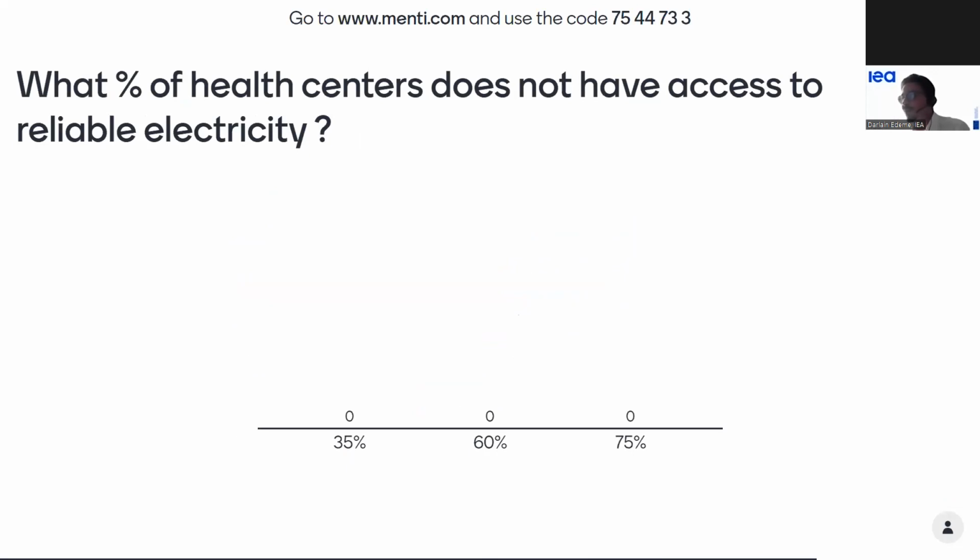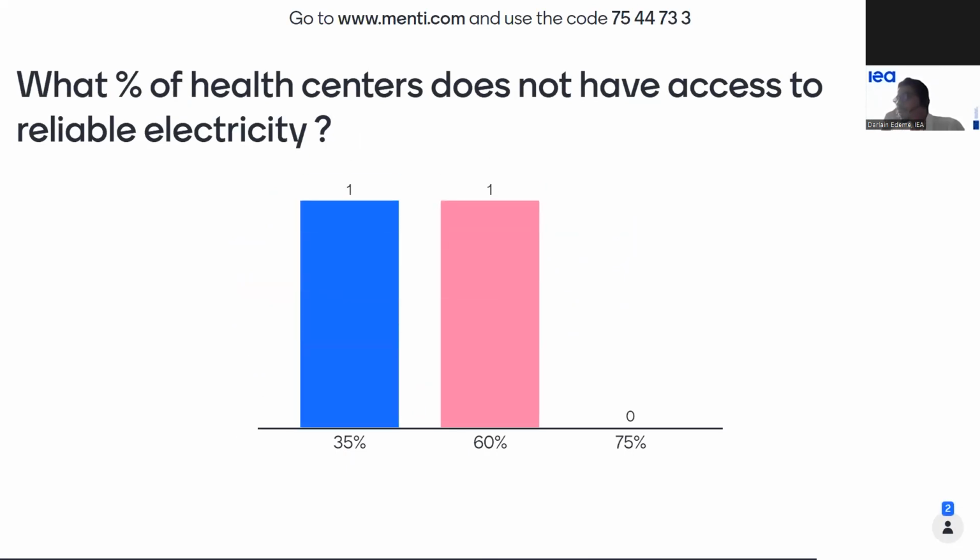So again, we are talking about just Sub-Saharan Africa. So which percentage of health centers are not connected to, do not have access to, reliable electricity.